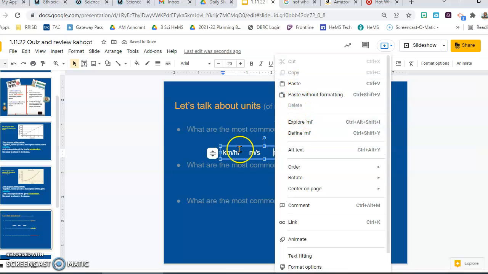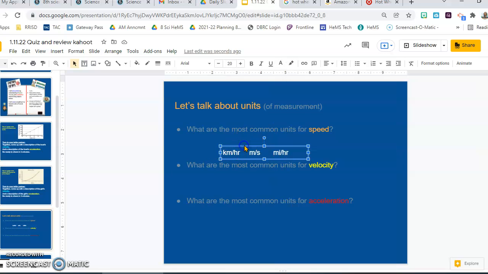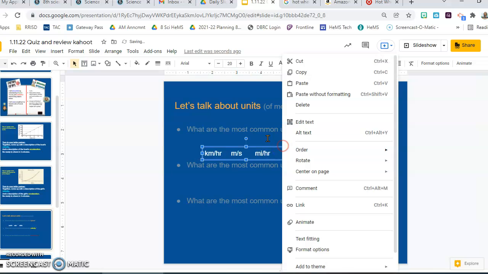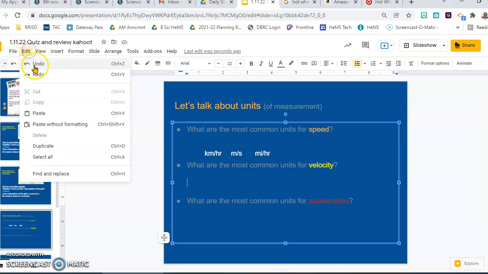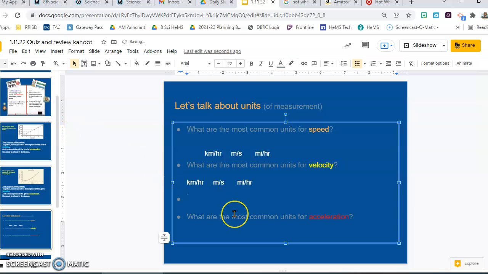I'm going to copy all of it, and we're going to paste it here, because we're going to have to tweak it just a little bit. Okay, so we're going to add that here. But these are going to have a direction.